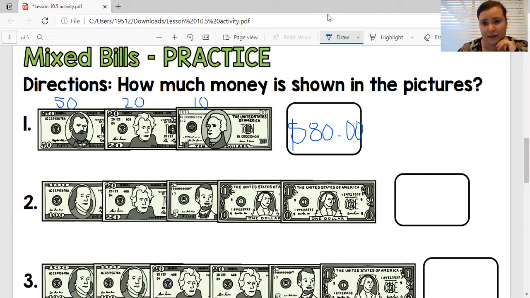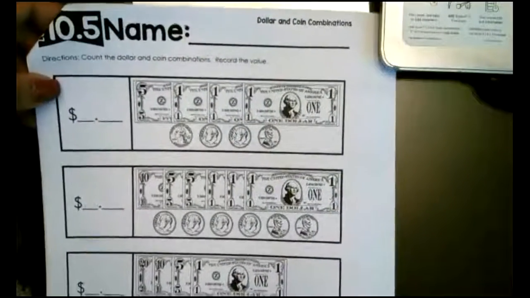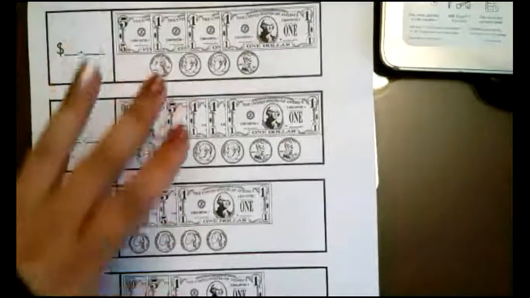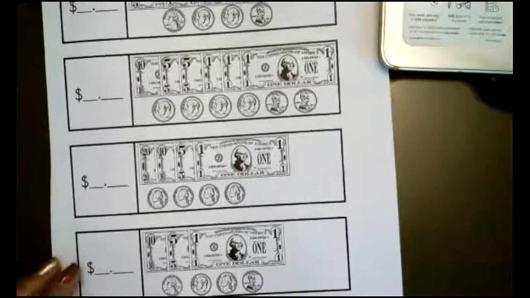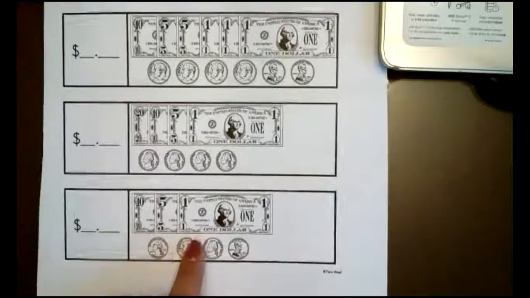All right, friends, now we're going to get our 10.5 homework. So we need our 10.5 worksheet. I'm going to do the very last one with you, friends.